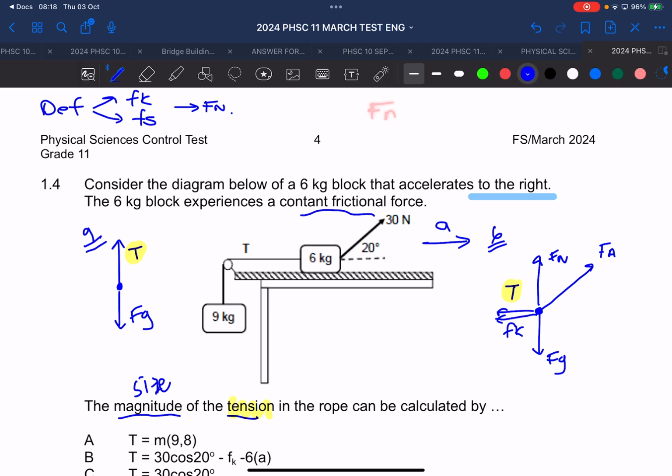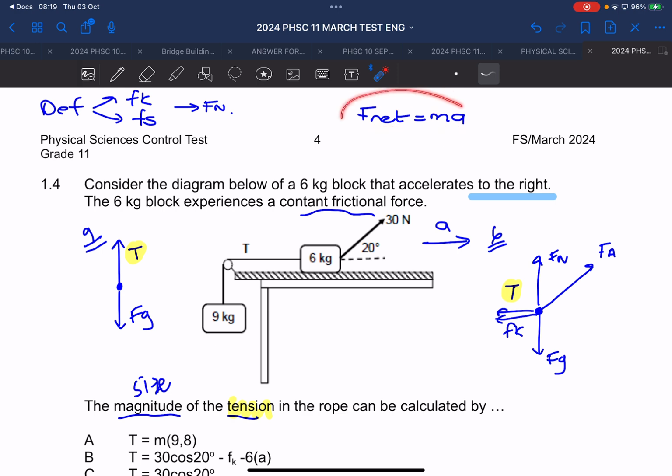If F net is equal to m times a, when a net force acts on an object, the object will accelerate in the direction of the force. Acceleration is directly proportional to the force and inversely proportional to the mass.